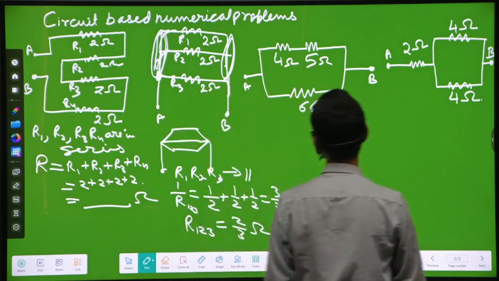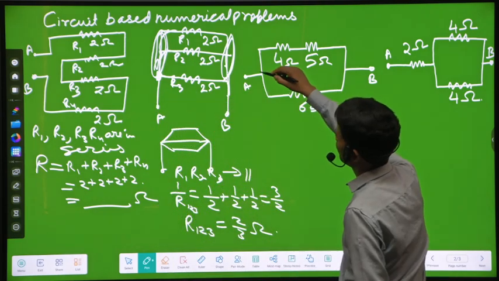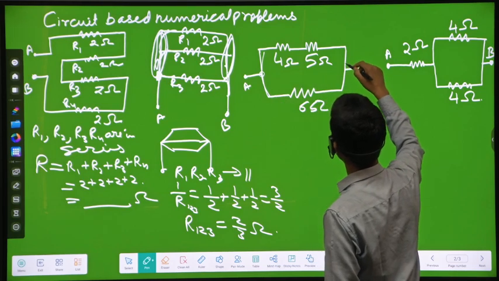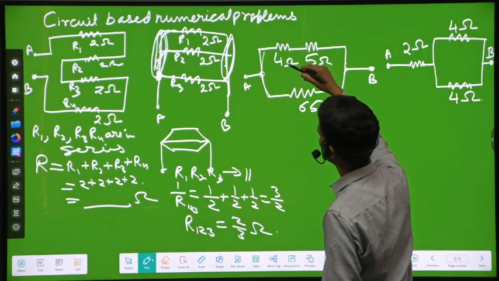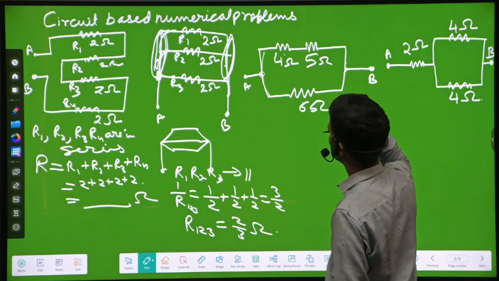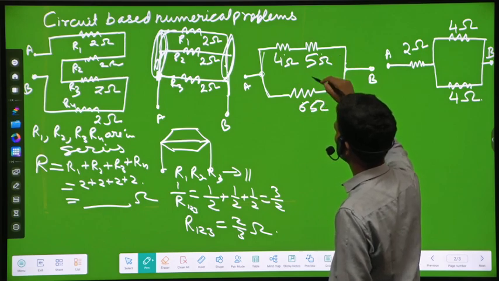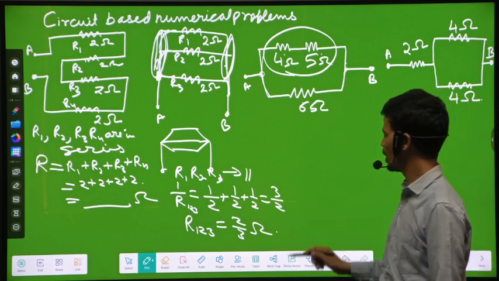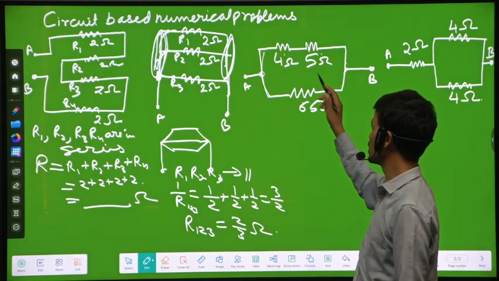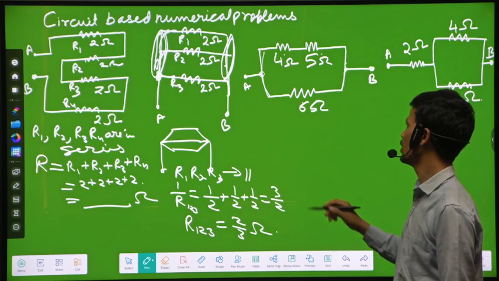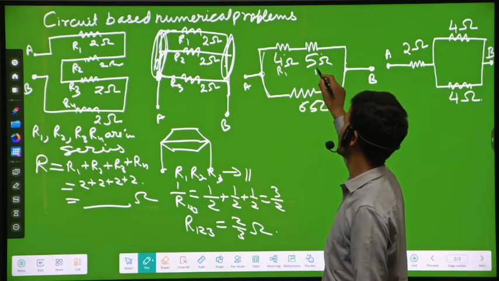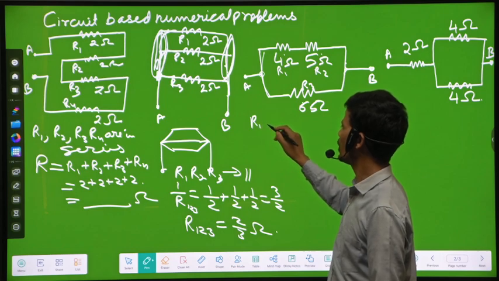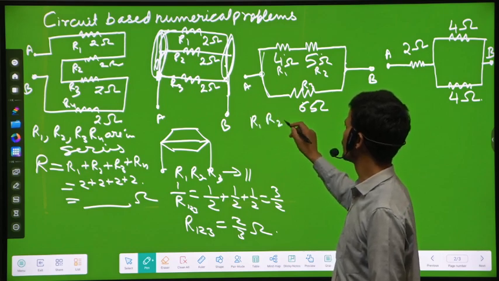Next, here it is getting divided from here and combining here, but these two are not parallel. Both are in series. So R1 and R2 are in series.